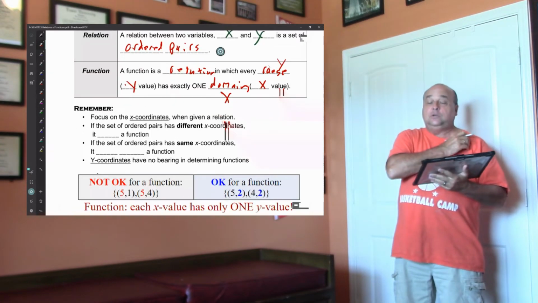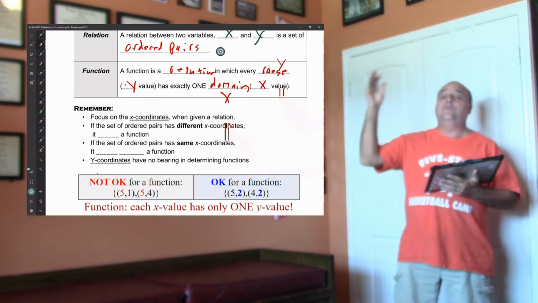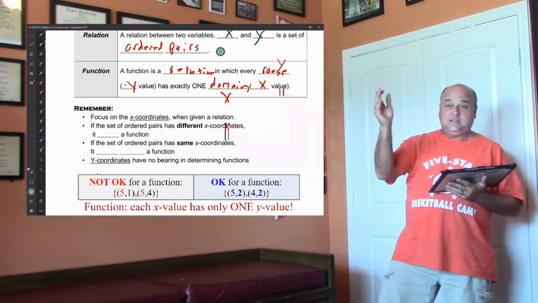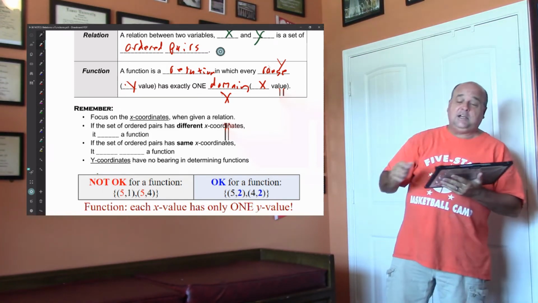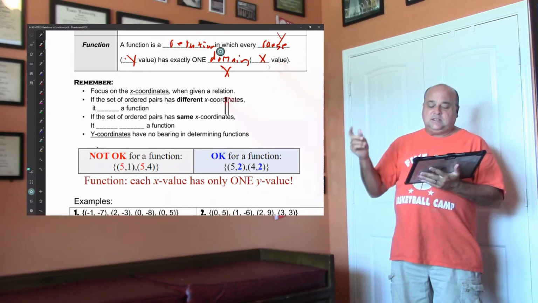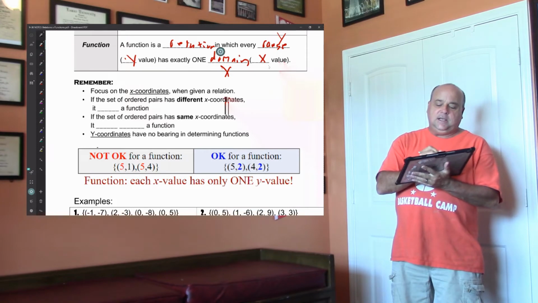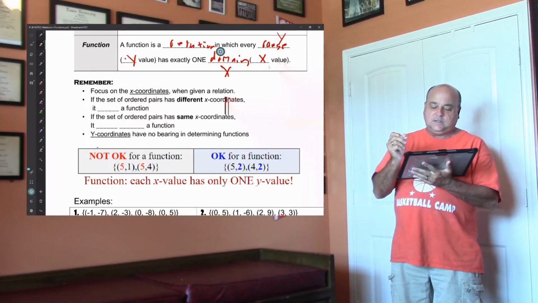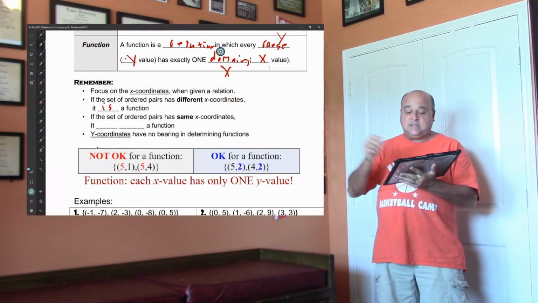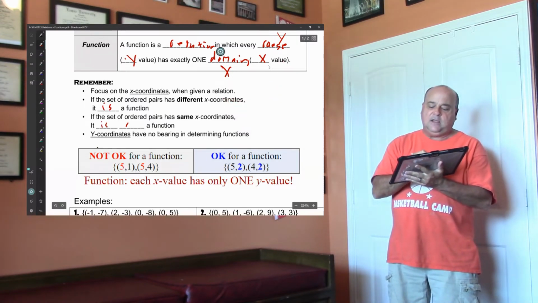Okay, remember, you did this last year, so if the x's repeat, it's not a function. If the set of ordered pairs has different x coordinates, it is a function. If the set of ordered pairs has the same x coordinates, it is not a function.